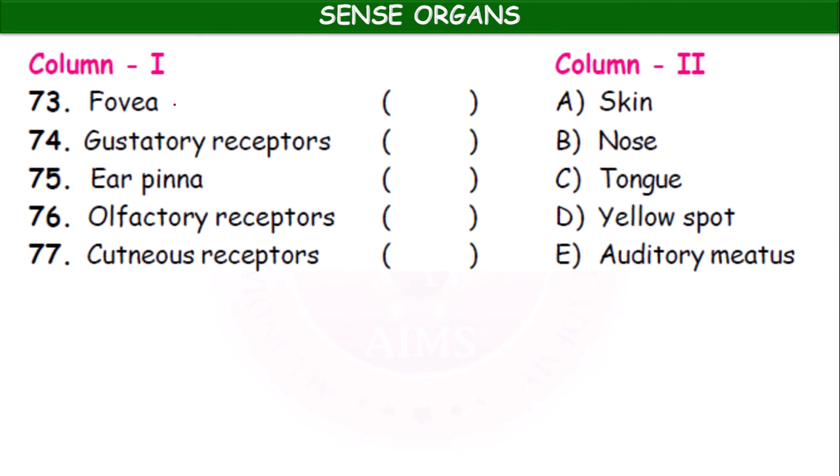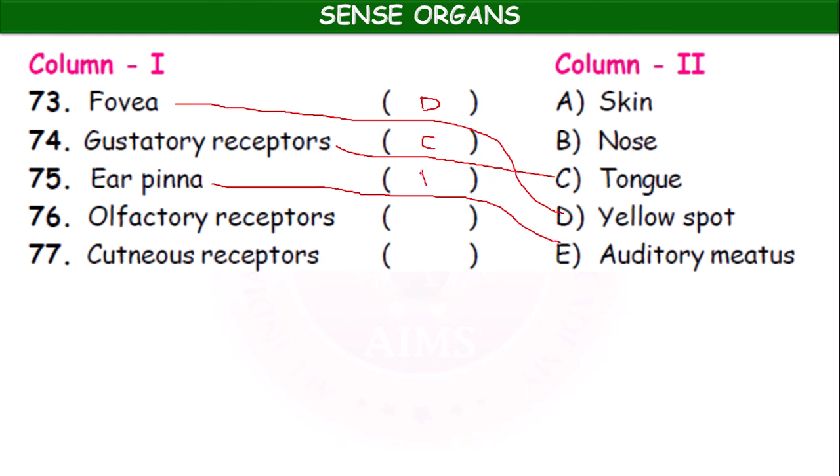Fovea is also called yellow spot, D. Gustatory receptors, the receptors which help in tasting, are present in the tongue, so C. Ear pinna is associated with the external ear, auditory meatus, so E. Olfactory receptors are related to nose, smell receptors, B. Cutaneous receptors are related to touch, the skin organ, A. So the answer is D, C, E, B, A.